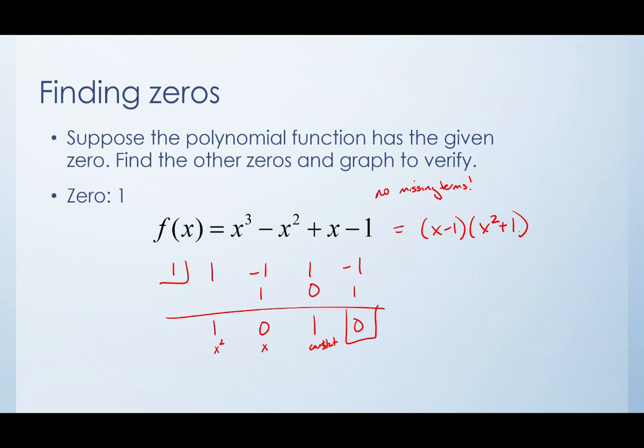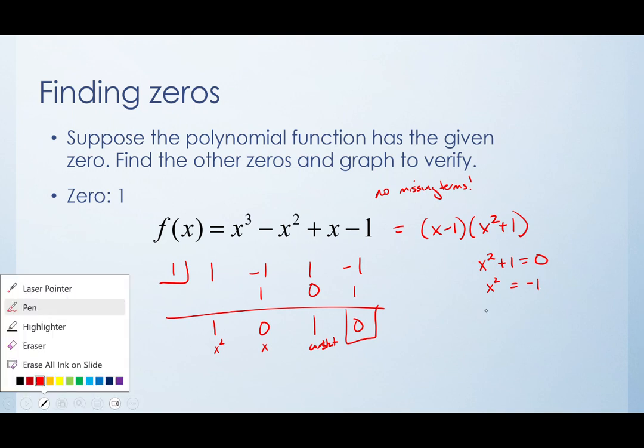Now, how do we figure that one out? Well, we can use square root property if we want to. We've got x squared plus 1 equals 0. x squared equals negative 1. Take the square root of both sides.